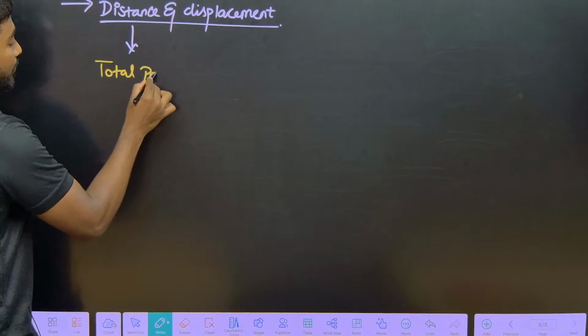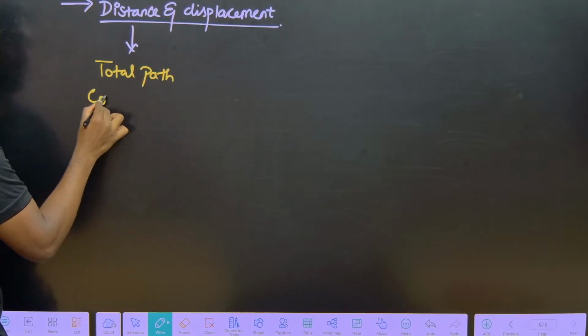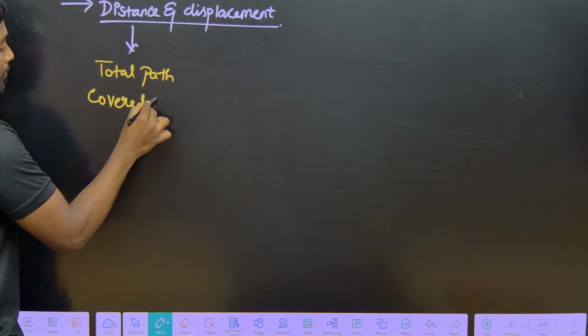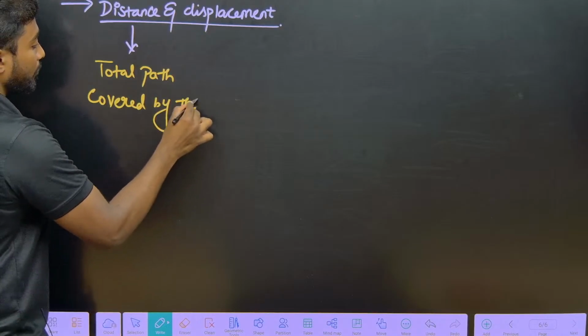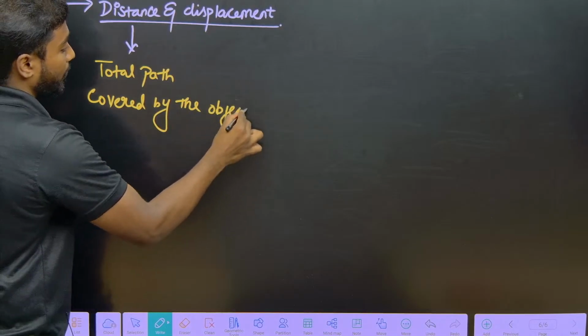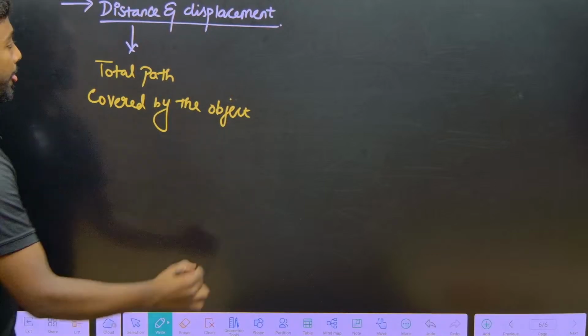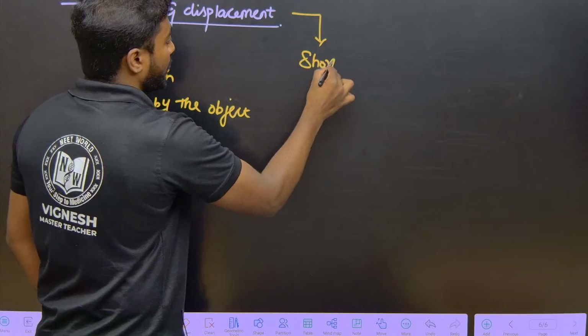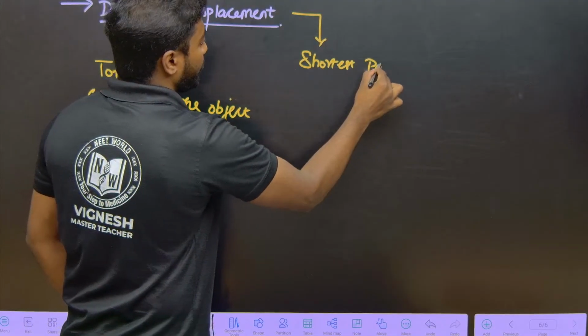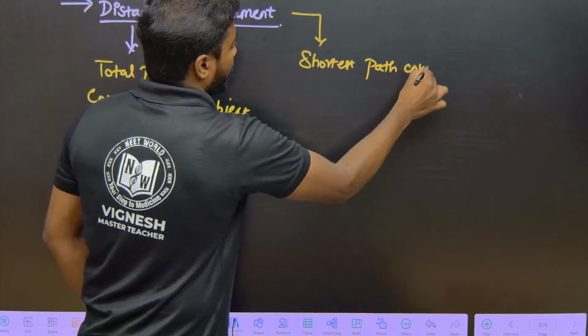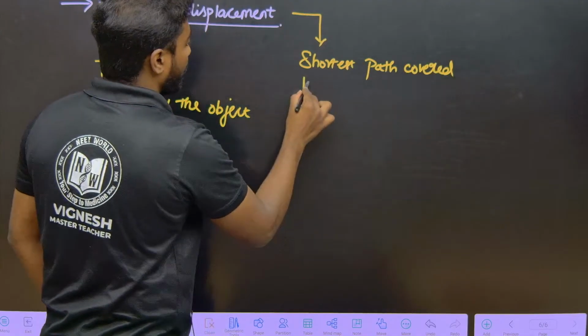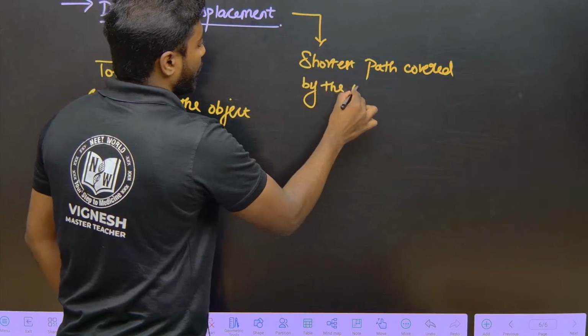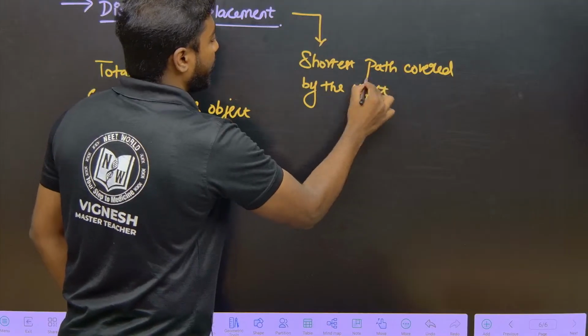Distance is the total path covered by the object. The displacement is nothing but the shortest path covered by the object, or we can say particle, anything.